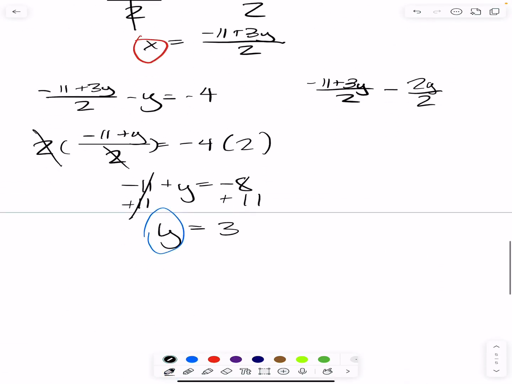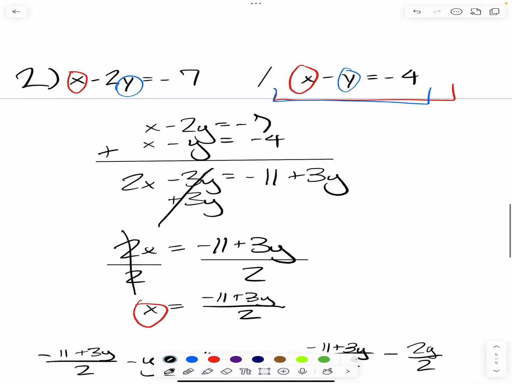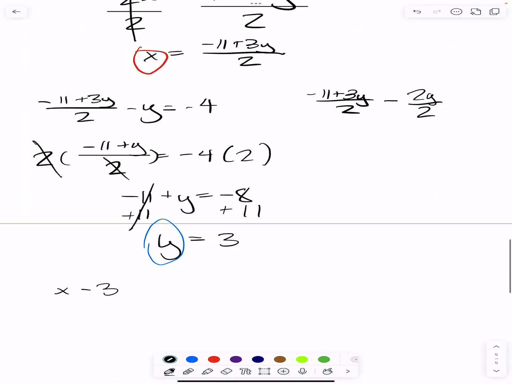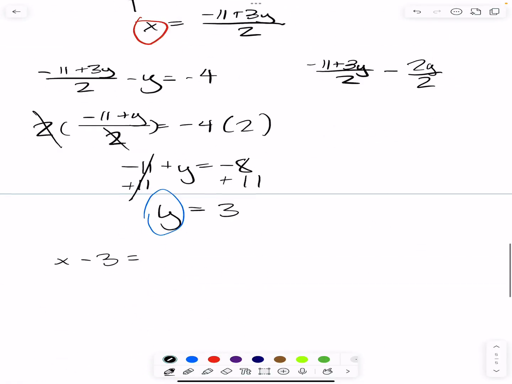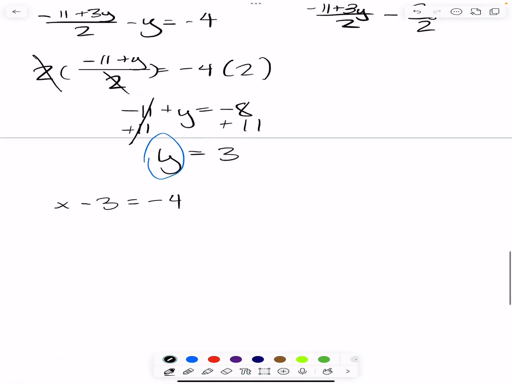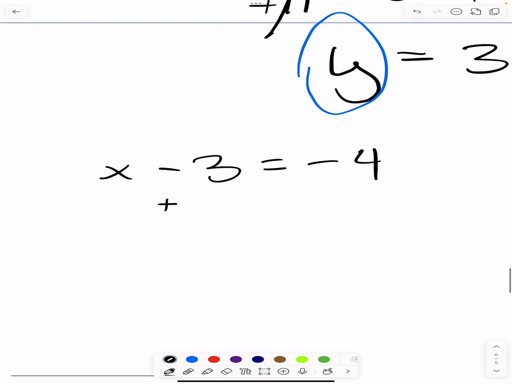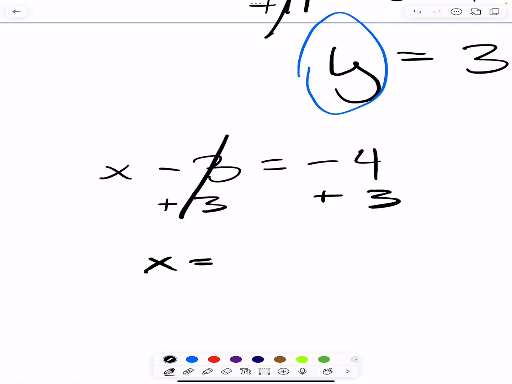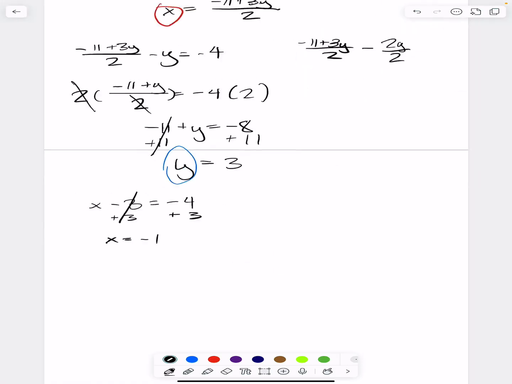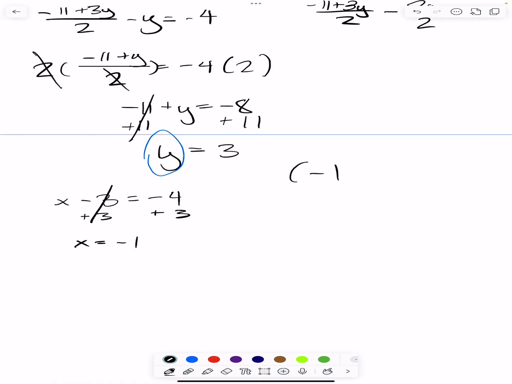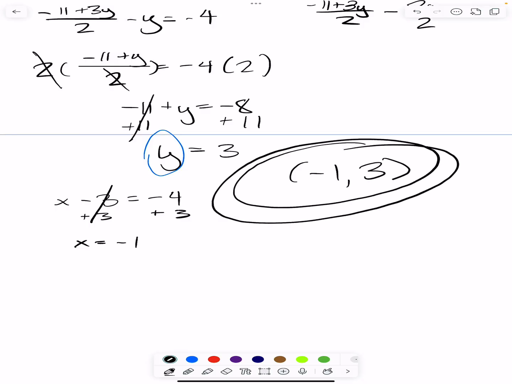So we have x minus y, so minus 3 equals negative 4. Let's actually add that 3 over. Cancels. x is equal to negative 1. So what this is telling me is that at negative 1, 3, I have a solution.